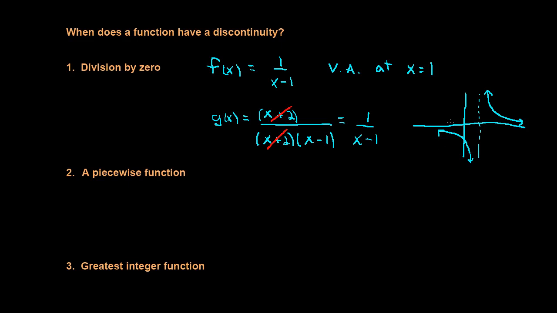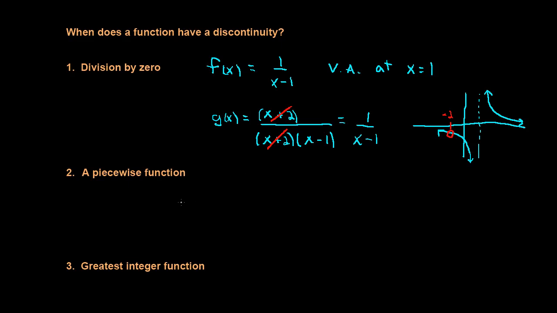Well, at negative 2, maybe negative 2 is right here, we would actually get a little hole in our graph. We would call this a removable discontinuity, just as if we've removed or plucked out a small piece of the graph. So these are the two main types of discontinuities you will find when you get division by 0 in your function.